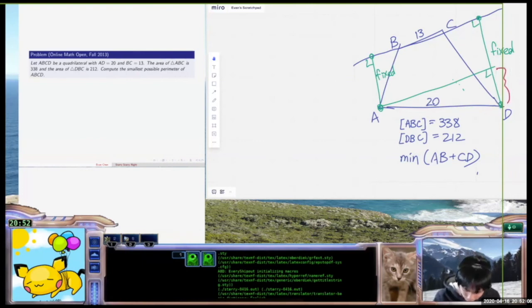Let me just fix the labels now. They really should go the other way. So B and C can move around. And this side here, as a result, is also equal to something fixed because you have a right triangle. This one is fixed by subtraction, and this one is fixed by the Pythagorean theorem.